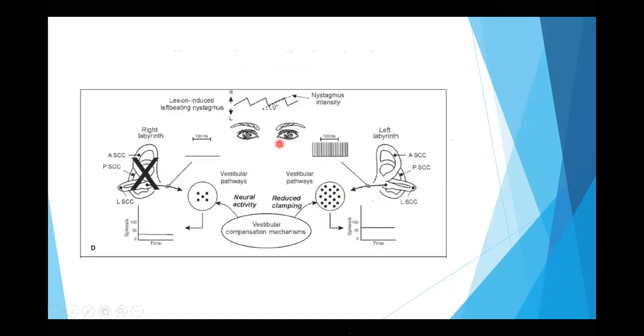Okay, then what happens? Then the brain already has a connection with the cerebellum. We will not be going deep into it because it is really complex. We need to study the cerebellum and everything. So there is a part in the cerebellum which sends efferent pathways and has control over the vestibular nuclei.